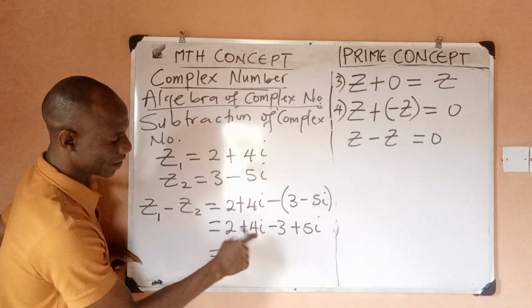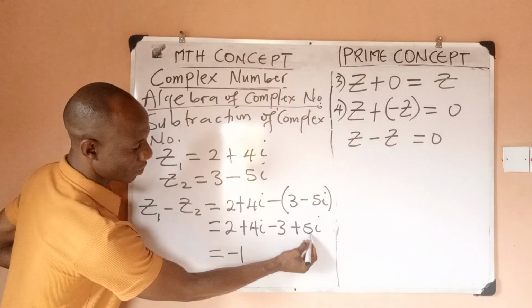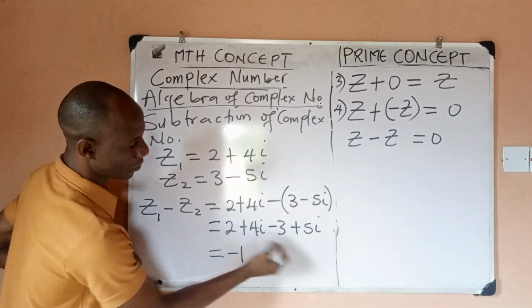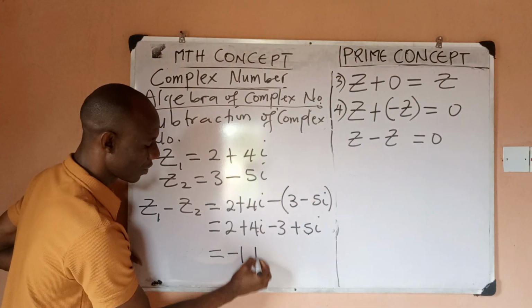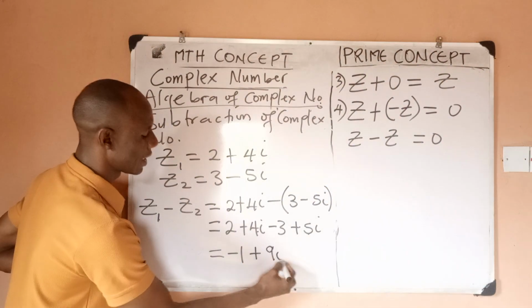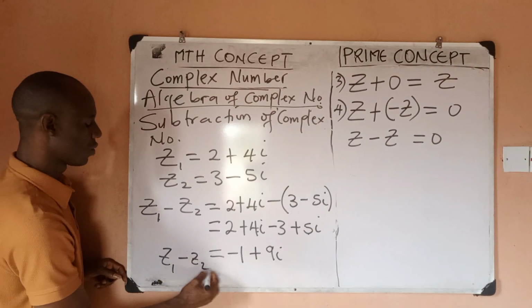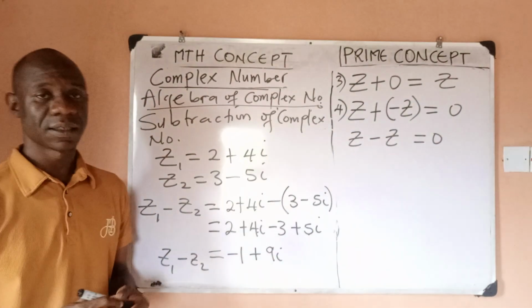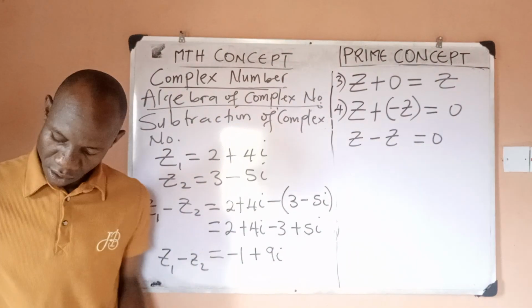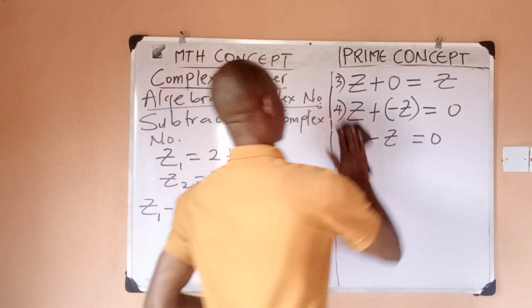And combining the imaginary part, 4 plus 5, what will it give us? It will give us plus 9. Then I will include my i. So it means that z1 minus z2 is going to give us this, right? Yeah, so subtraction of complex numbers is really very simple.